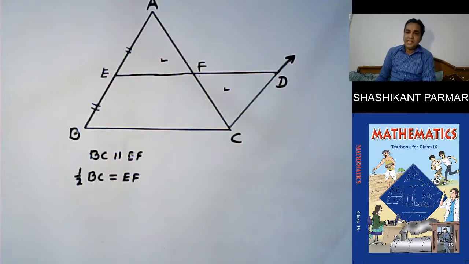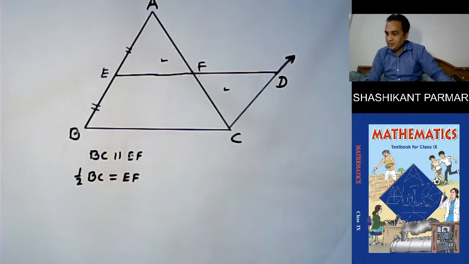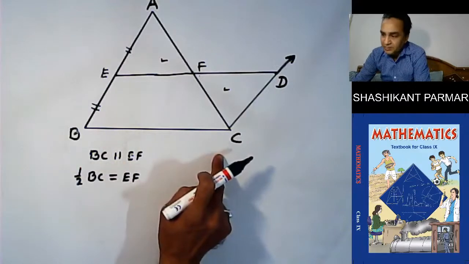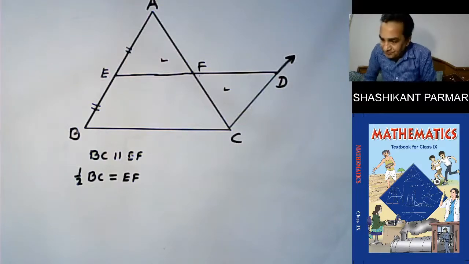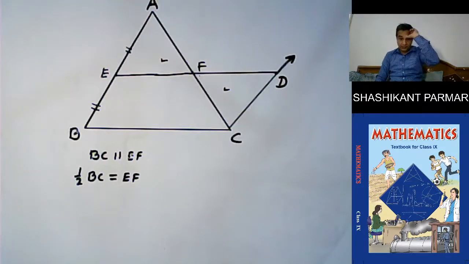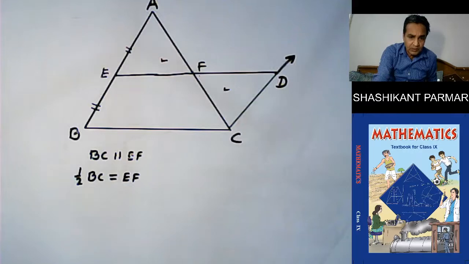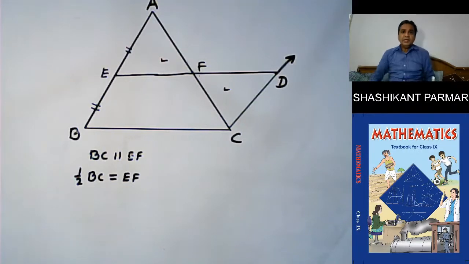So BCDE is a parallelogram, and that's why ED is parallel to BC. In this case also EF is equal to 1/2 ED and is equal to 1/2 BC.